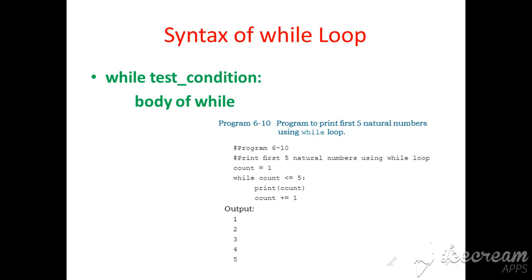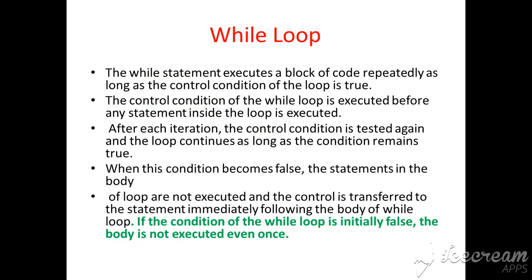Here the syntax of the while loop is: while test condition, then the body of the while. If the test condition is evaluated true, then the body of the while is executed. This is the explanation of the while loop. The while statement executes a block of code repeatedly as long as the control condition of the loop is true.